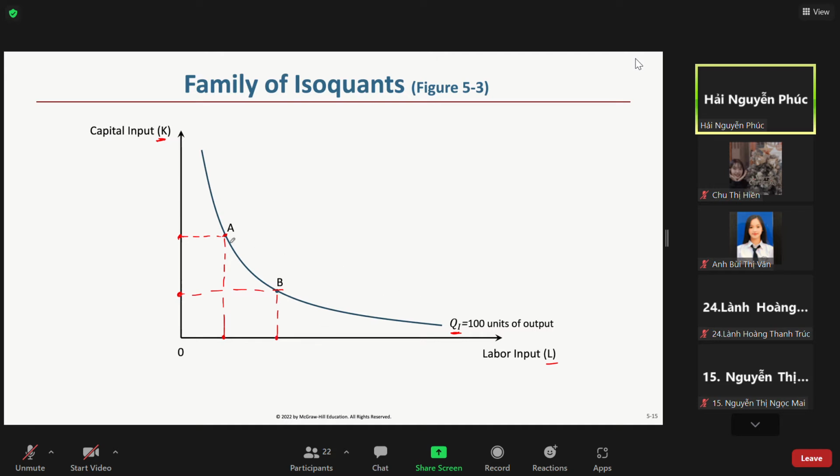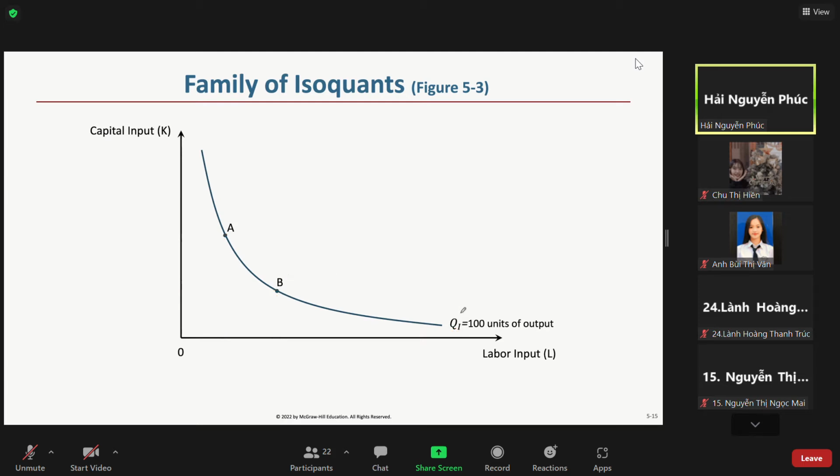And the fact that point A and point B are on the same isoquant means that at point A and point B, the quantity of output is equal to 100, right? QA equals 100, QB equals 100, because based on the definition of isoquant, it tells us about the combination of K and L that gives us the same level of output.